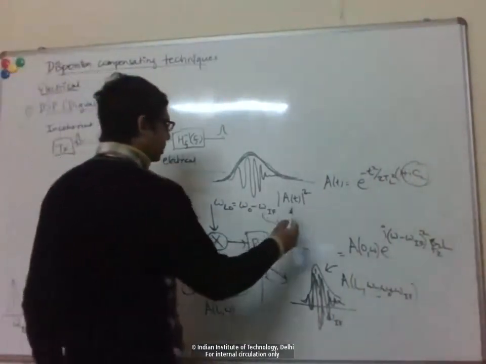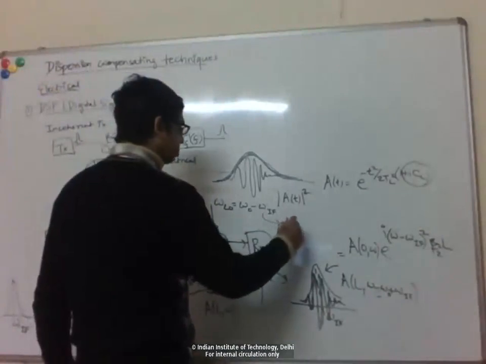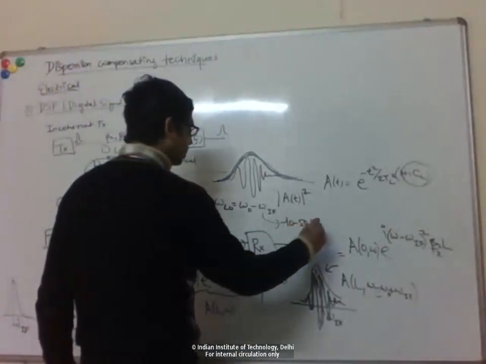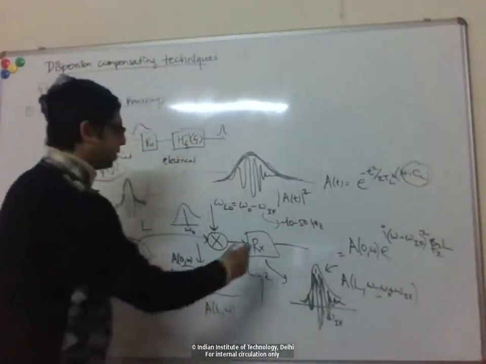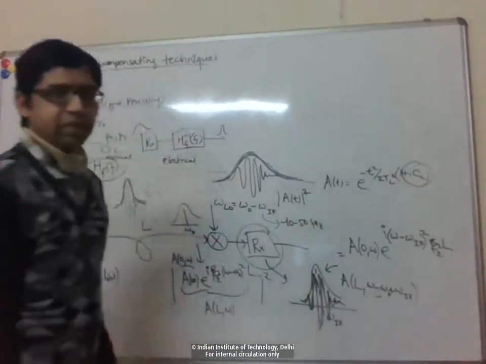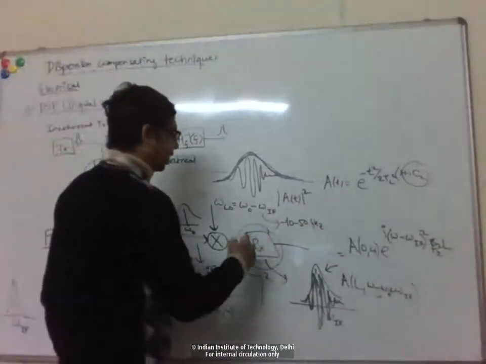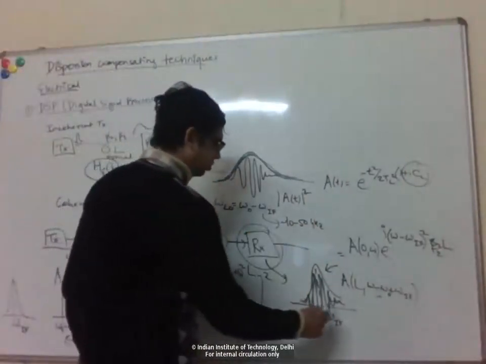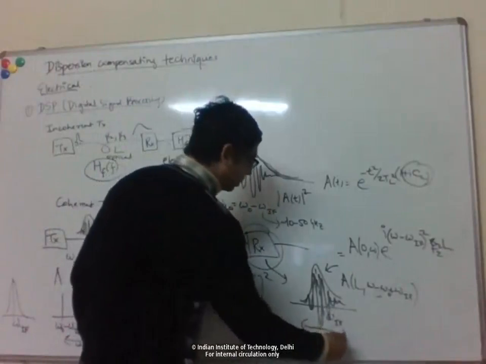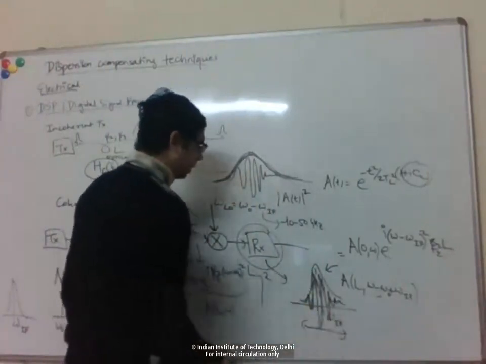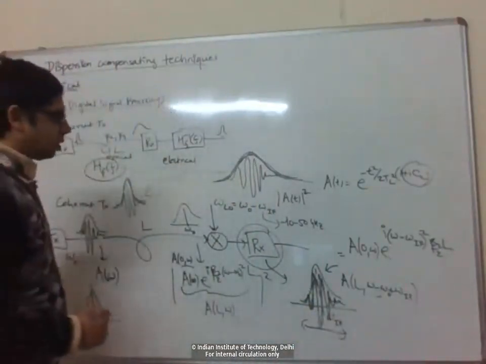So this omega IF is typically, let's say, tens of gigahertz, between let's say 10 to 50 gigahertz. Okay, and that's within the photodetector receiver bandwidth. So let's say the bandwidth of the receiver is 50 gigahertz. This omega IF and so the bandwidth, so the data rate, the bandwidth here would be the data rate, right?